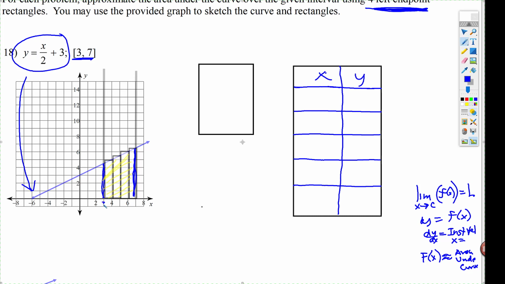So we're going from 3, so our x values are 3, 4, 5, 6, and 7. However, we're using the 4 left endpoints. So if we're going from left to right, 1, 2, 3, 4. So think about it this way. We're looking at these corners right there.